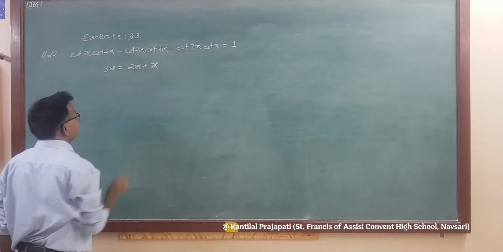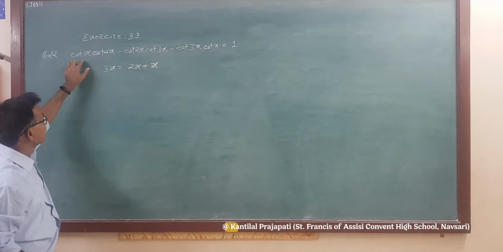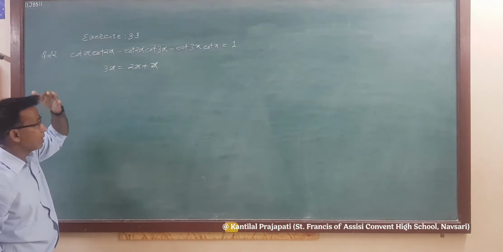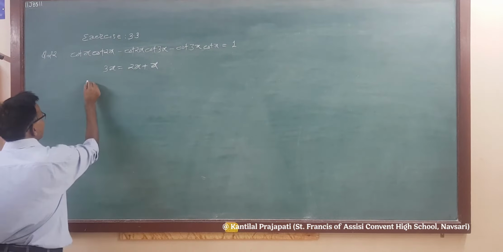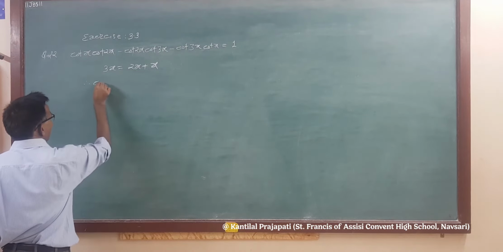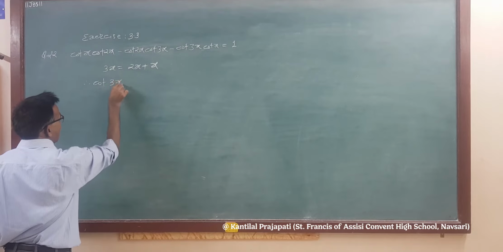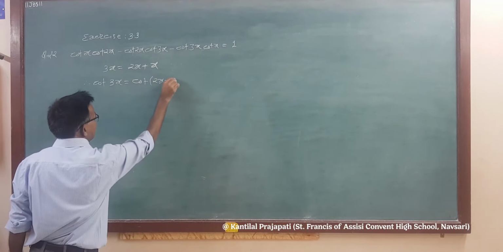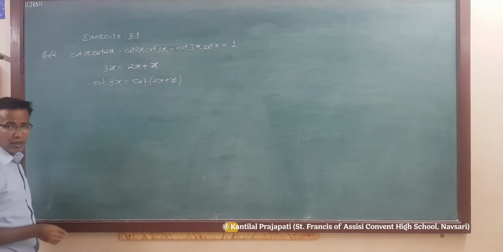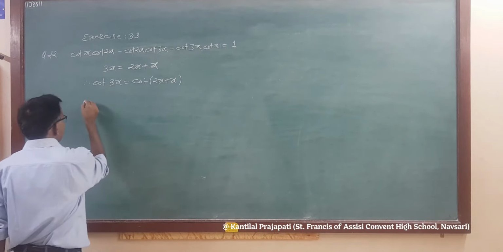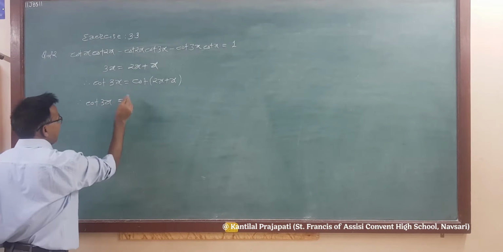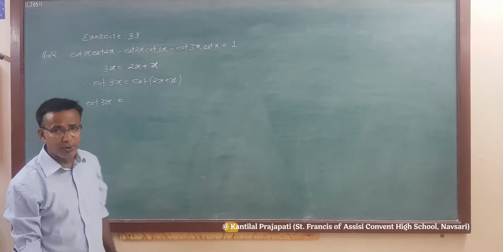Simple addition. Now, as we require the result in terms of cot, we apply cot on both sides. So we write cot 3x is equal to cot of 2x plus x. Now apply the addition formula for cot of alpha plus beta.